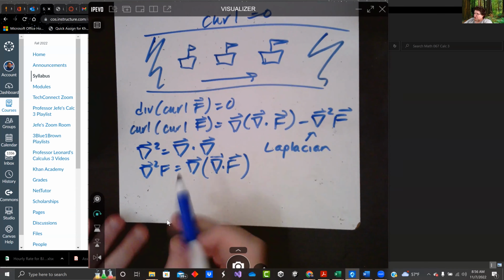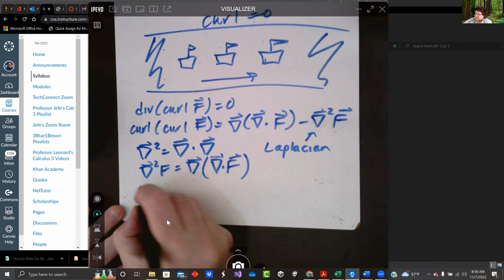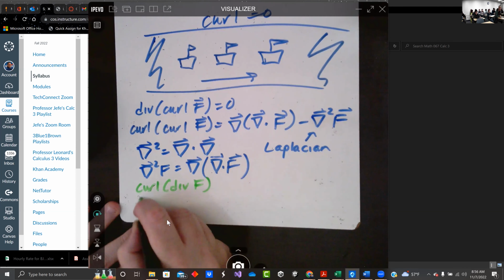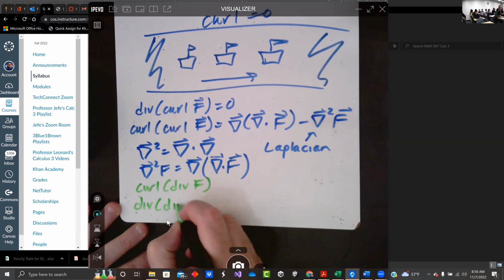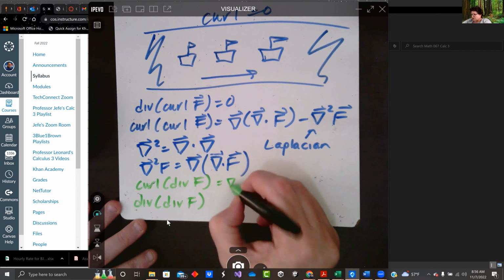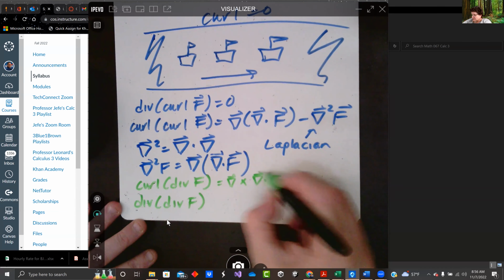So div curl and curl work. If we look at curl div and div div, this is a cross product.